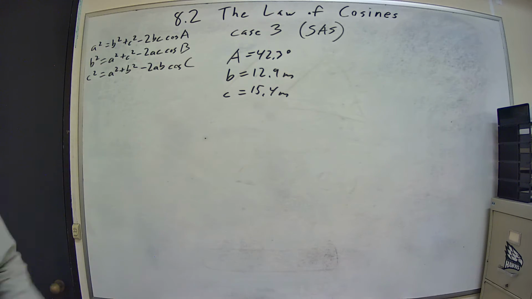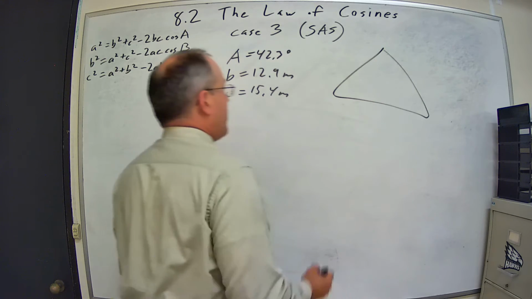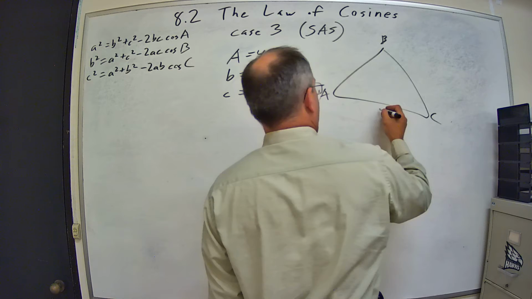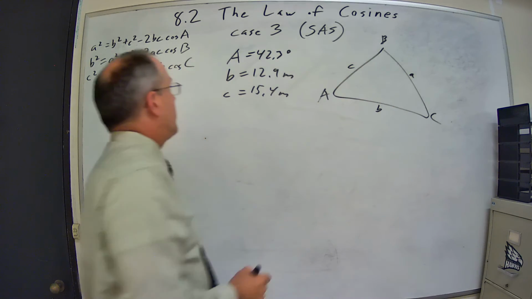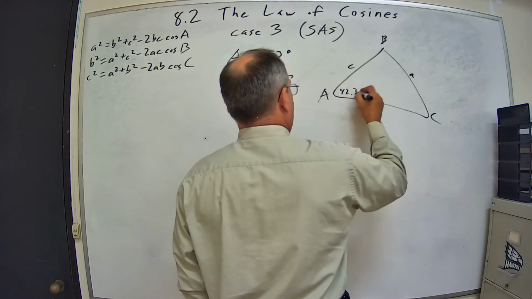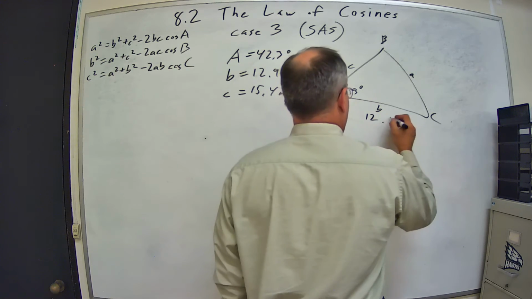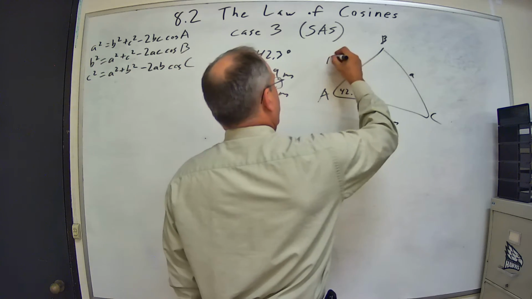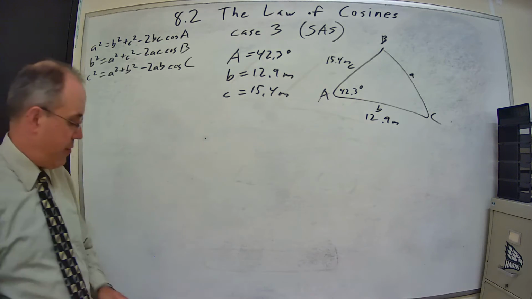So first let's draw what that's going to look like, because it's good to have that visual. So we have A, B, C. Angle A is 42.3 degrees. Side B is 12.9 meters. And side C is 15.4 meters. So that's what we're given.